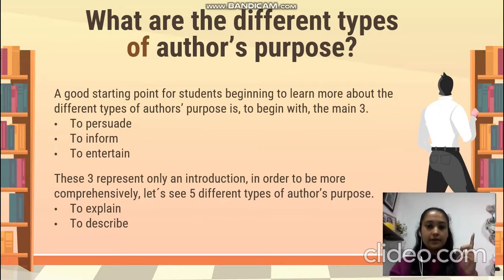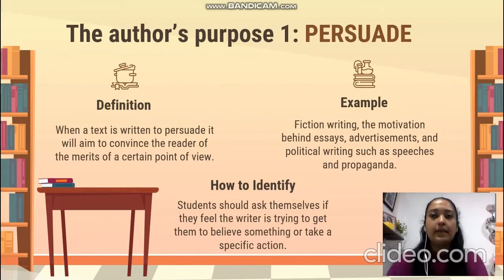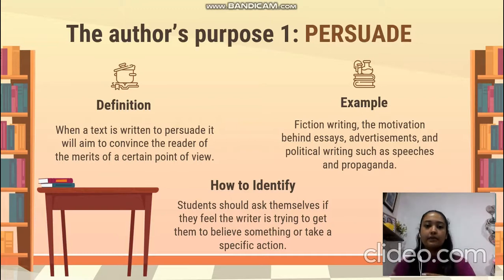Okay, the first one is to persuade. This is a very common purpose of writing, particularly in non-fiction writing. When a text is written to persuade, it will aim to convince the reader of the merits of a certain point of view. With this type of writing, the author will attempt to persuade the reader to agree with this point of view and take a particular course of action.